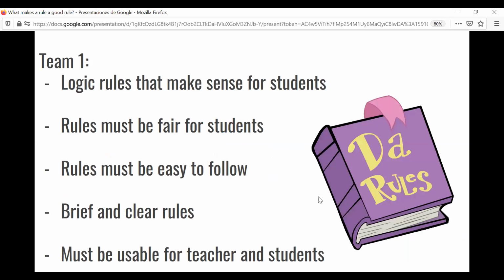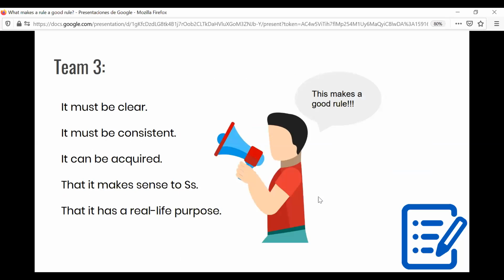I really found it very interesting. Here I saw, for example, in team number 1, you were more focusing on classroom management, right? How is the student going to behave well inside the classroom? And yes, we also need to consider that classroom management is important.